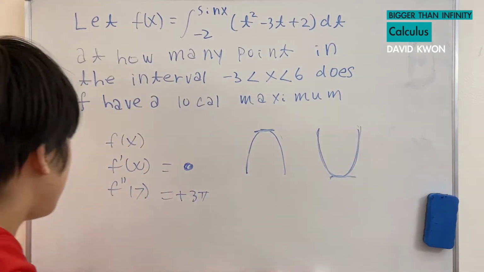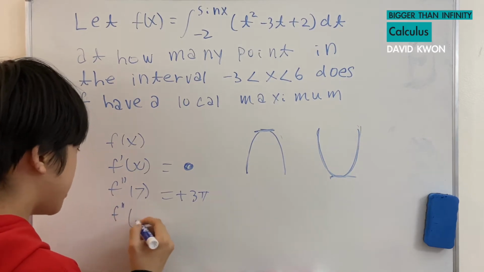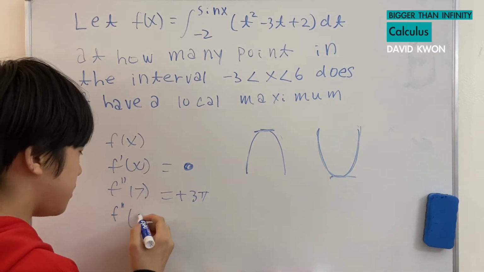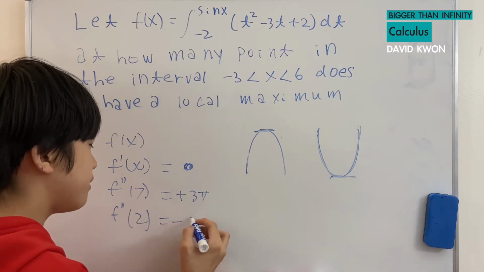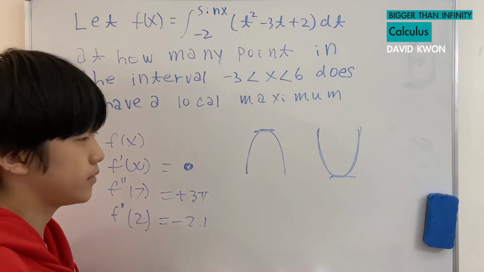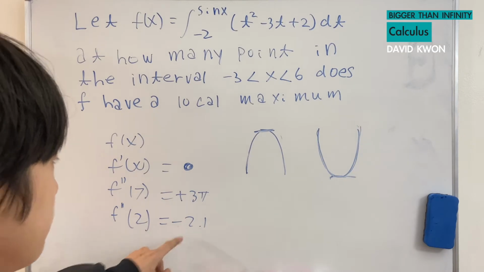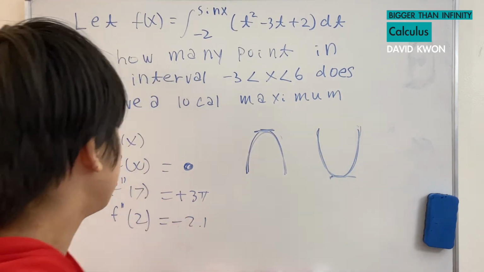Now let's imagine not 7 this time. Let's say we got 2, and it turns out we got negative 2.1. Doesn't matter. Since it's negative, we have a local maximum.